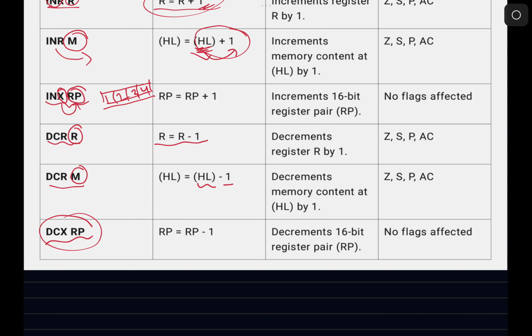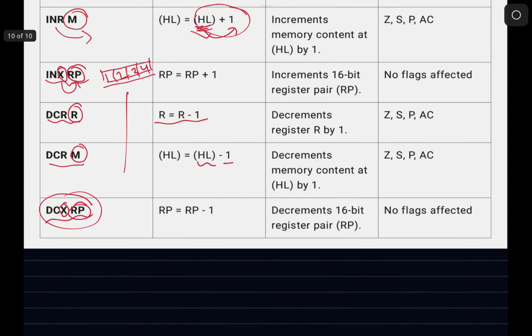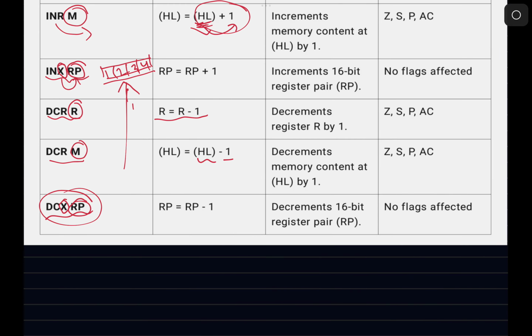Likewise, this also, DCX RP. So it represents the extended register pair. Likewise, this instruction will decrement the content of the extended register pair.